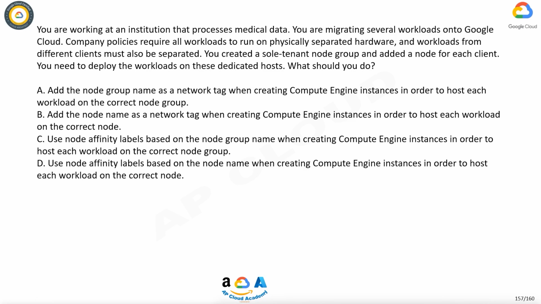D. Use node affinity labels based on the node name when creating Compute Engine instances in order to host each workload on the correct node. Correct answer, D. Use node affinity labels based on the node name when creating Compute Engine instances in order to host each workload on the correct node.